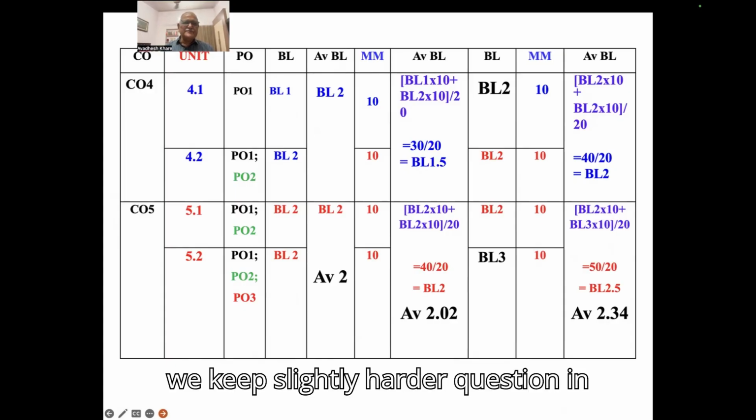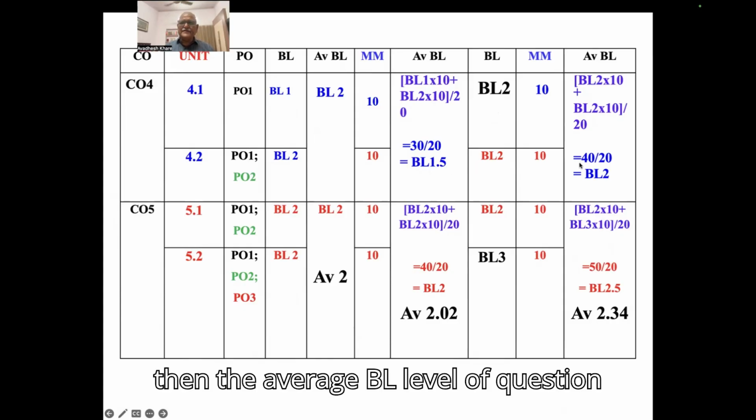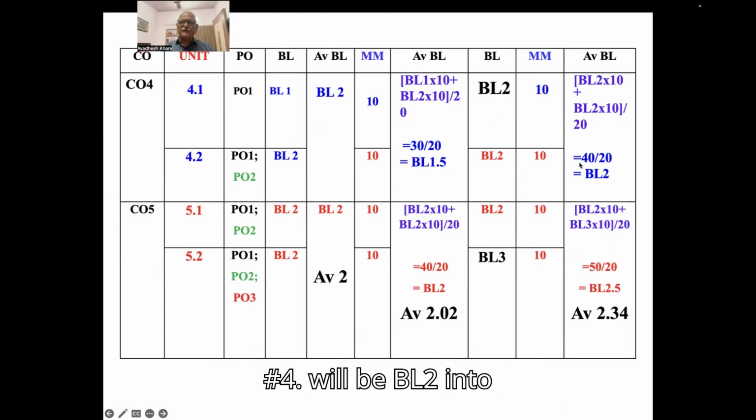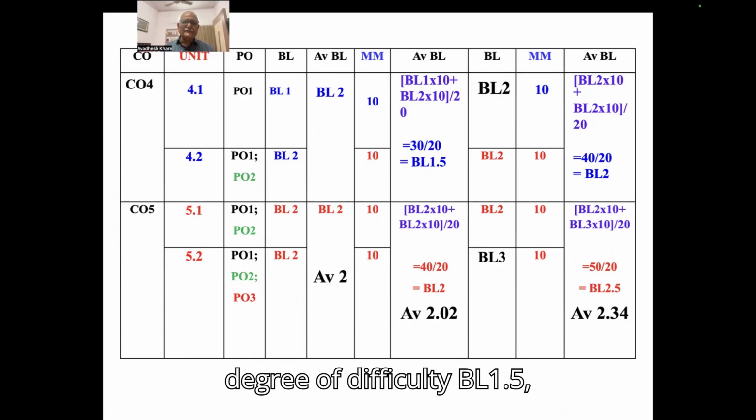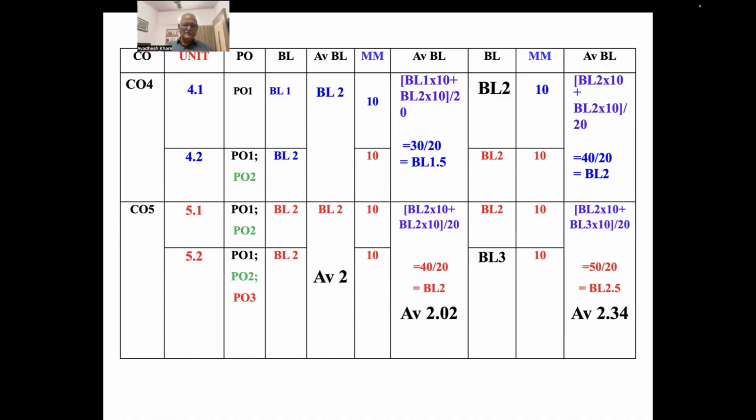But if we keep a slightly harder question in 4.1, level BL2, and a same level question in 4.2, then the average BL level of question number 4 will be BL2 into 10 plus BL2 into 10 divided by 20, that is BL2. So in place of degree of difficulty BL 1.5, question number 4 has degree of difficulty 2.